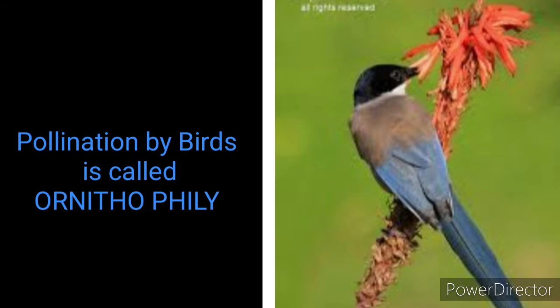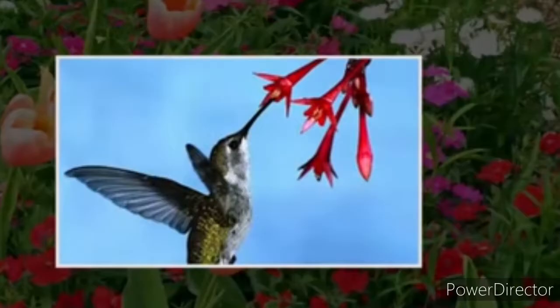Thus the birds, attracted by the color and nectar, visit more flowers, transferring pollen from one flower to another flower. Thus pollination takes place. Some of the pollen grains are also edible.